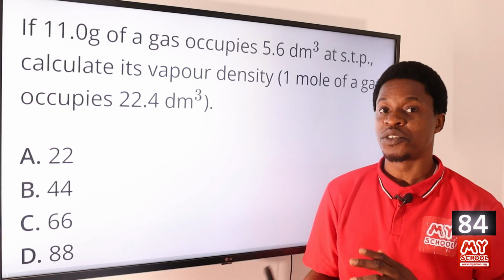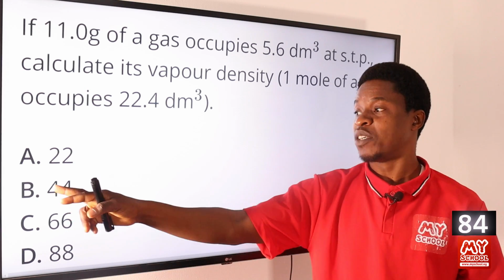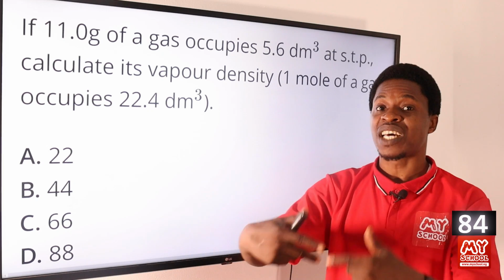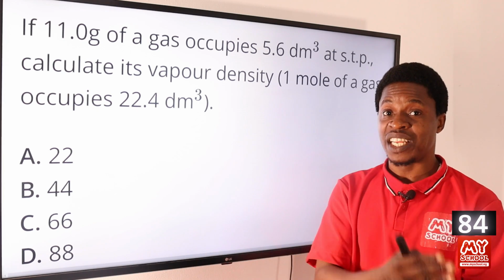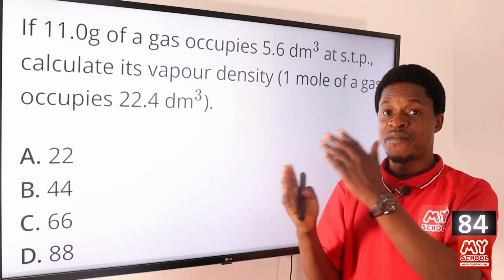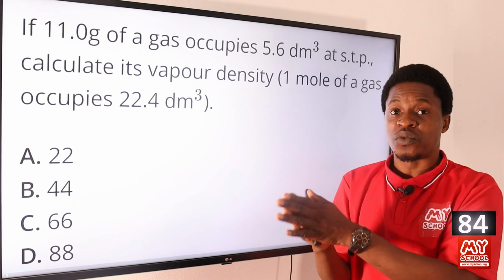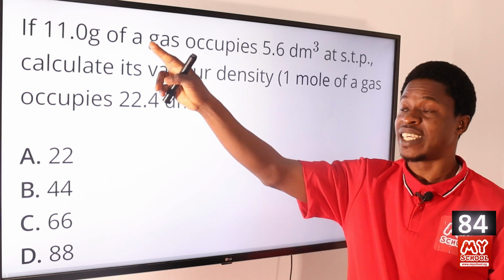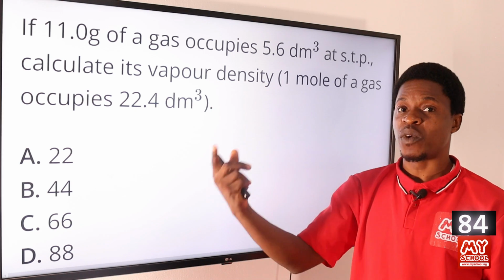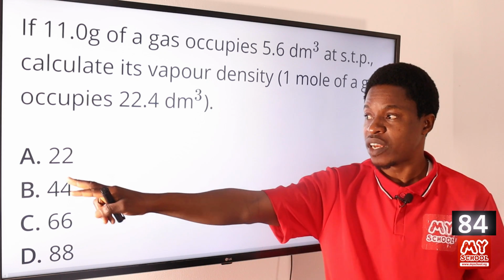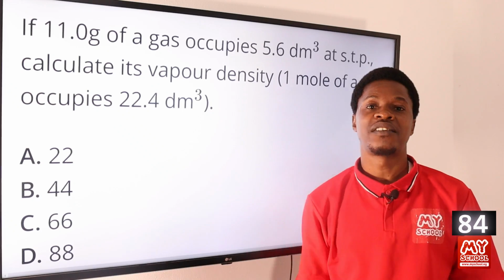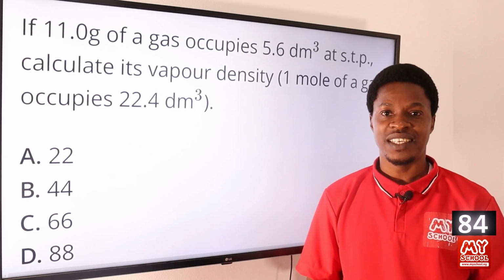Then you would choose B, not knowing that you still need to calculate the vapor density, because there's a relationship between molecular mass and vapor density. Vapor density times 2 gives us molecular mass. So what we had here, which was 44, you have to equate to 2 times vapor density to eventually have 22. So the correct answer is option A.